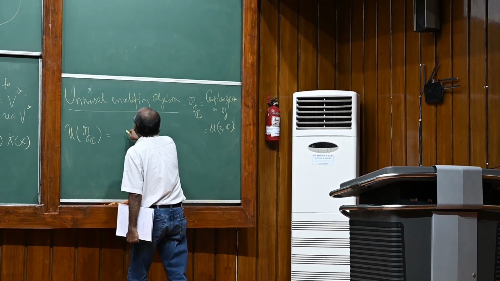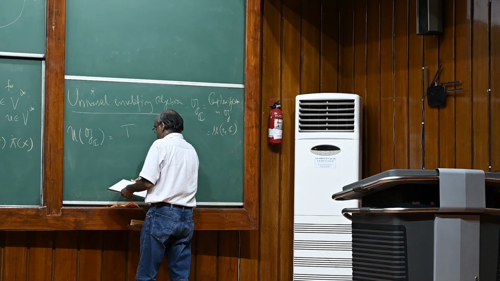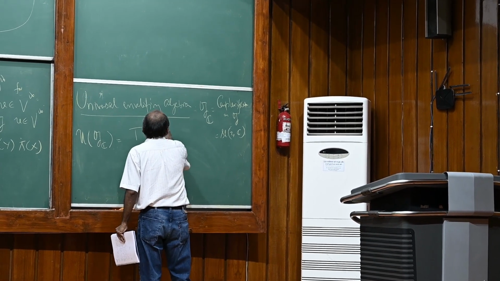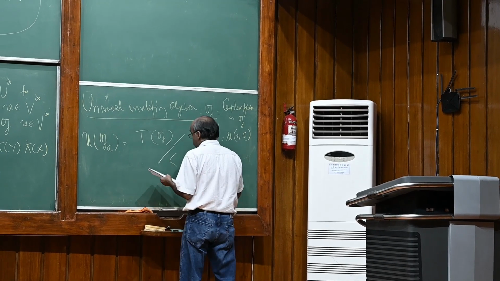Okay, so the algebraic definition is you look at the tensor algebra and then quotient it with a certain two-sided ideal.